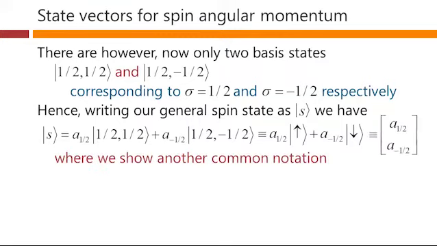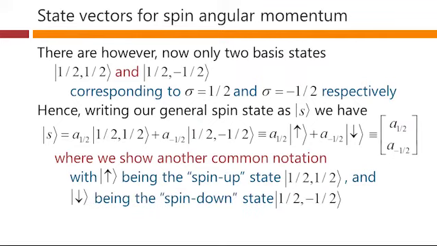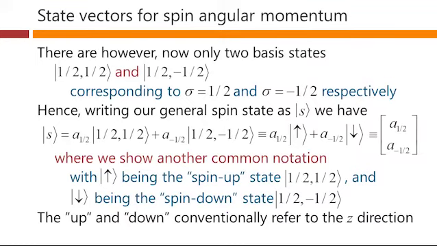And here we have introduced the idea of what we'll call spin up, it's just a shorthand for that state, and this representing spin down, it's just a shorthand for that state. The up and down conventionally refer to the z direction here.